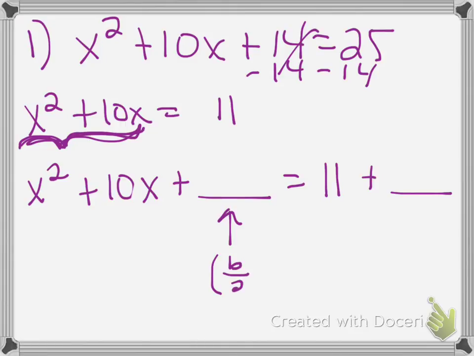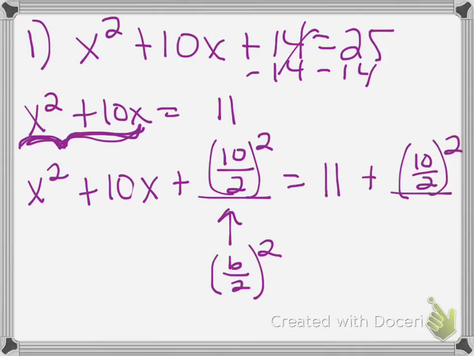Now, what you actually do in this spot is take your b value, or your linear term, and divide it by 2 and square it. So I'm going to take 10, divide it by 2, and square it. So it's always b divided by 2 squared.